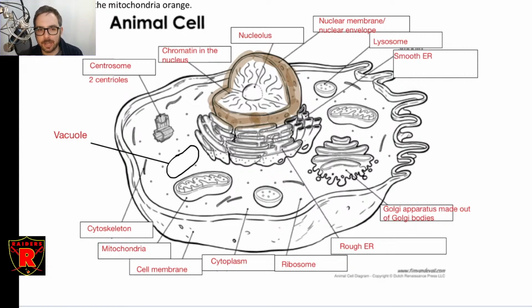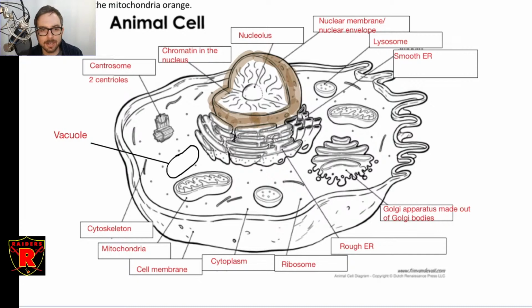The nucleus is where the DNA is located. It has pores that allow RNA to go in and out. The nucleolus is where RNA is produced. The rough ER has ribosomes attached to it, and it is responsible for processing completed proteins, or completed polypeptides, and transporting them around the cell, sometimes to the Golgi apparatus.